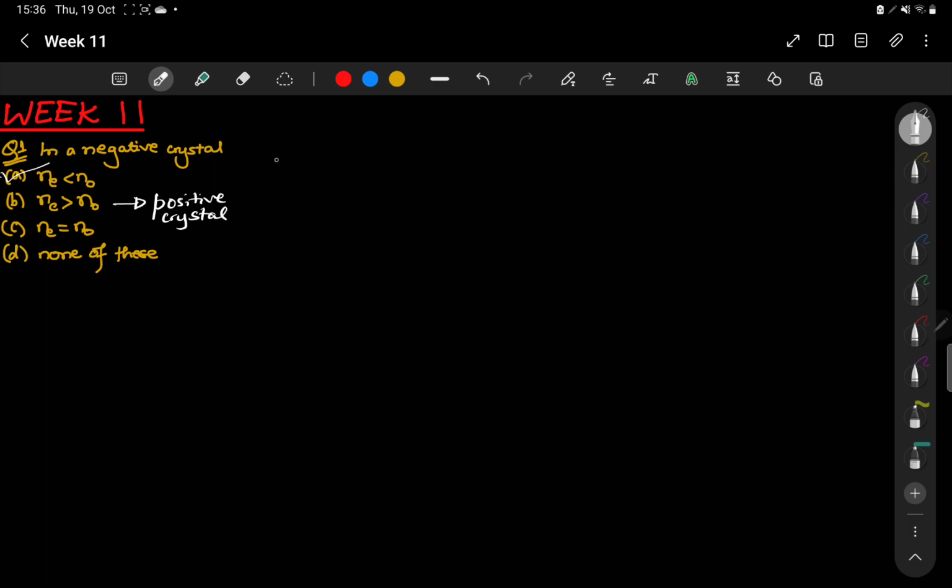Let me write down some expressions for the velocities of the ordinary and extraordinary rays. So this is for the ordinary ray and this is for the extraordinary ray. Ne and No are the refractive indices for the extraordinary and ordinary rays.